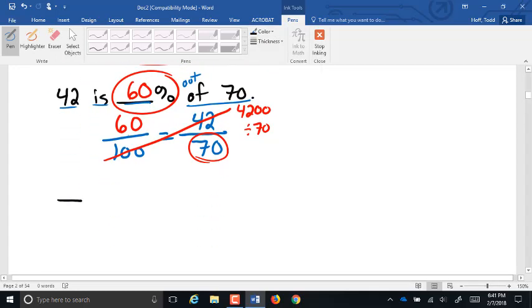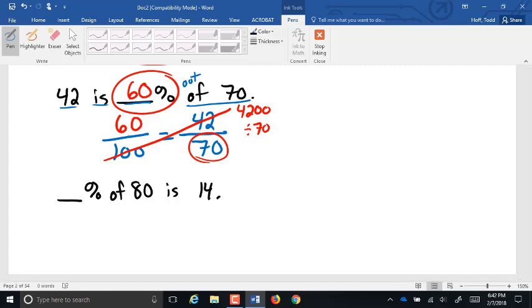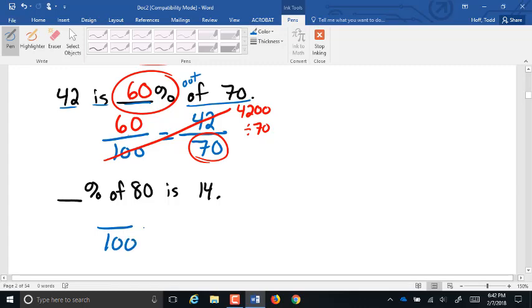Or we might have blank percent of 80 is 14. So if we look at this blank percent, we're missing the percent again. That's blank over 100.